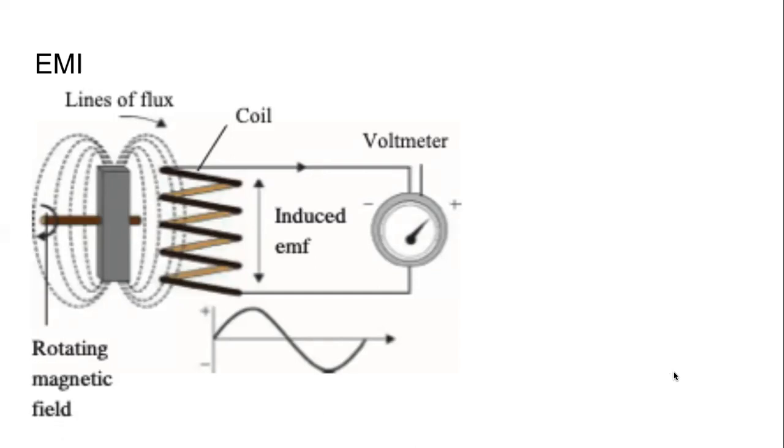You can think of it as an armature. Instead of moving the armature, we are rotating the magnet. Because of the rotation, magnetic field changes. Because of the change in the magnetic field, electromotive force, the potential difference, is induced in the coil, which gives rise to the electric current.